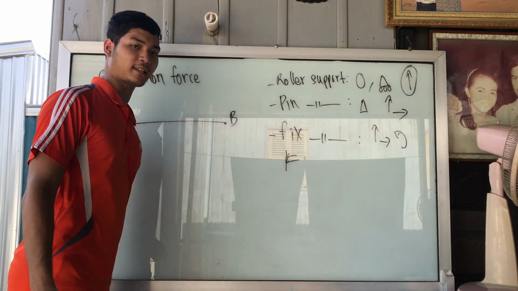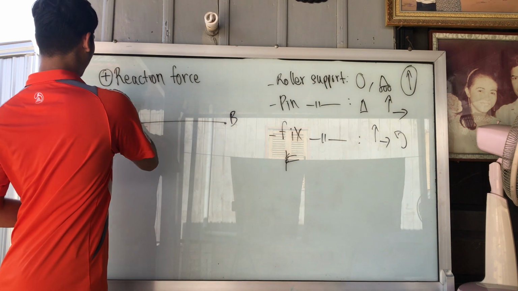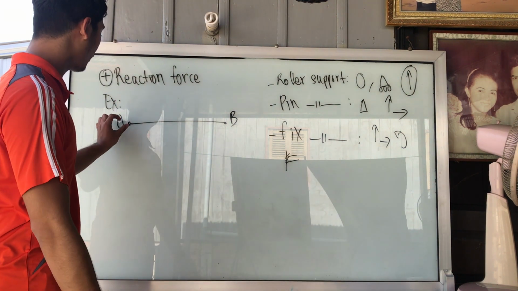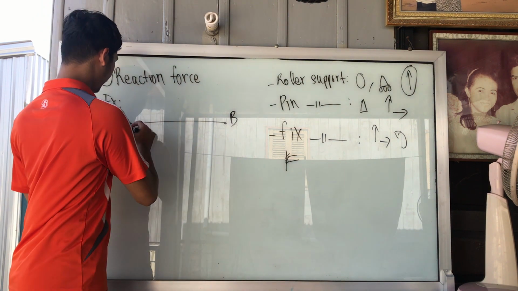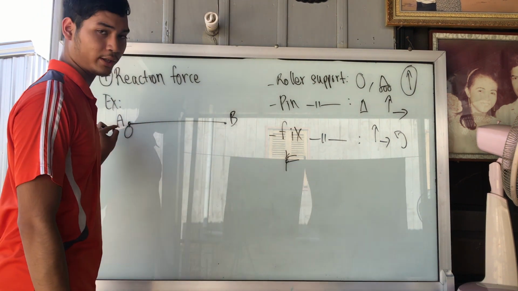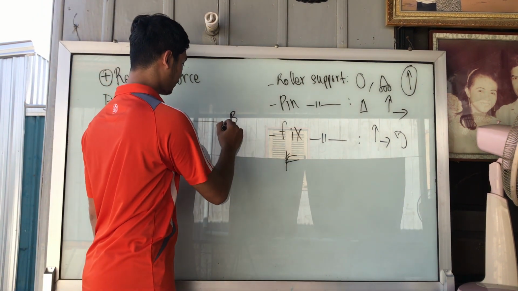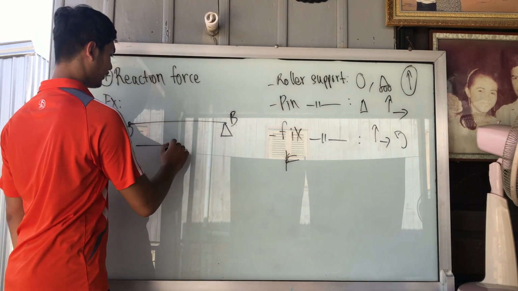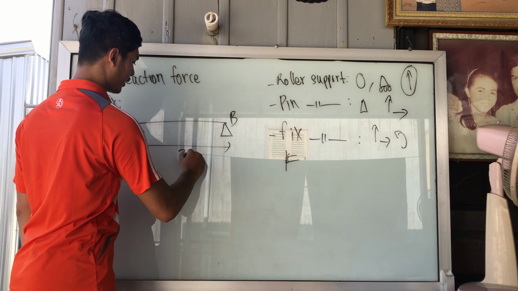Okay, so for example, our beam has a roller at A. This is a pin at B, and the length of the beam is 3 meters.